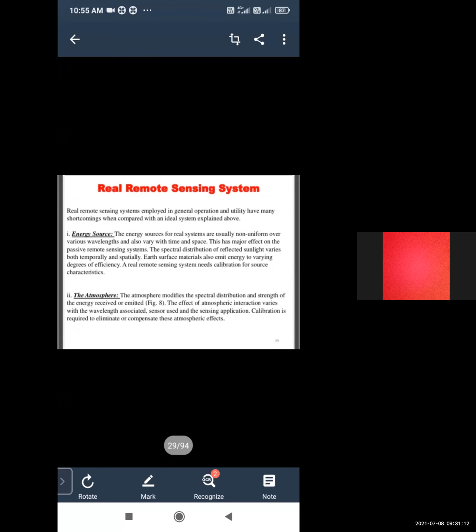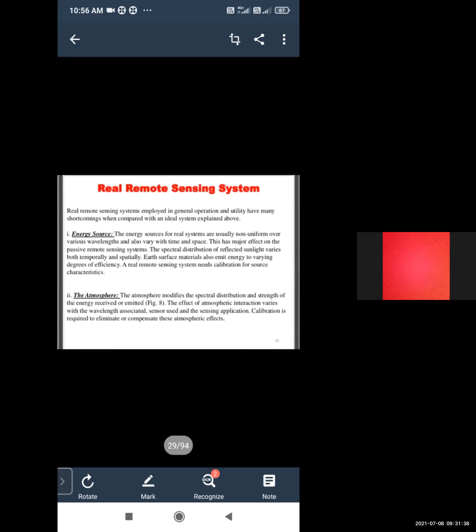For the ideal condition there are no problems, but in a real remote sensing system it needs to calibrate the source characteristic. So whatever results we get should be calibrated according to the actual condition.